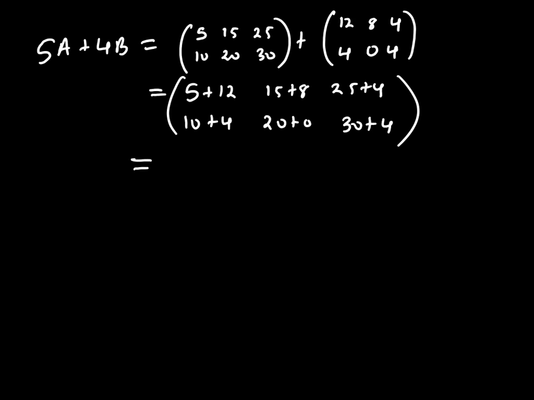In the end, 5 plus 12 is 17. 15 plus 8 is 23. 25 plus 4 is 29. So this is 14, 20, and 34. So we have used scalar multiplication to add 5A to 4B, and we have the answer.